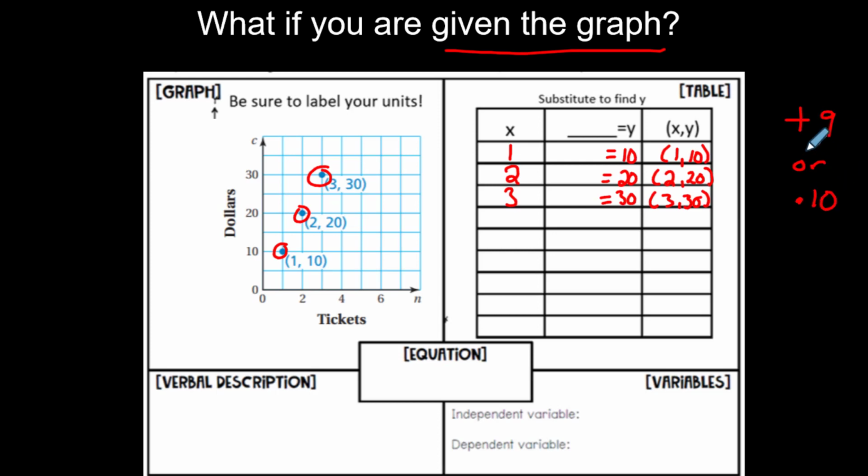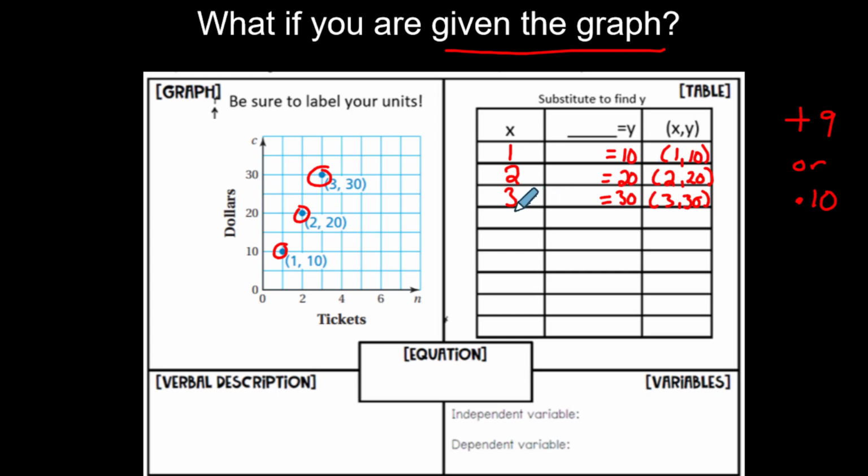So let's test these two rules with the other ordered pairs that we know are solutions. If I put 2 in, 2 plus 9 would be 11. Does that equal 20? No. Let's try times 10. 2 times 10. Does it equal 20? It does. Let's double check with 3.